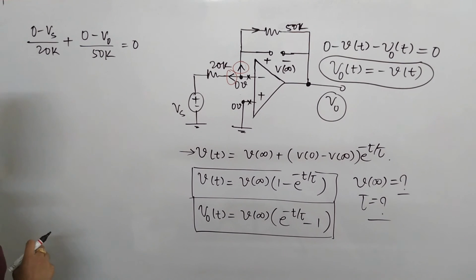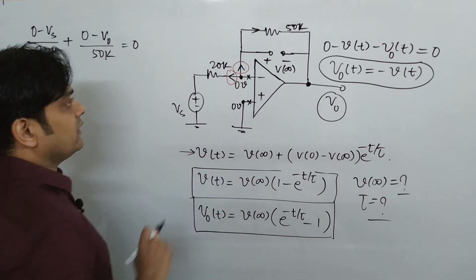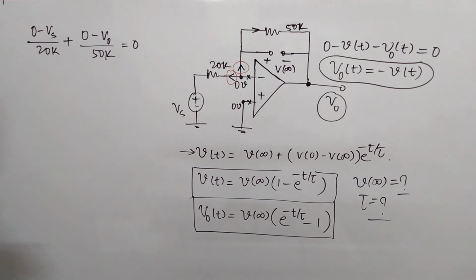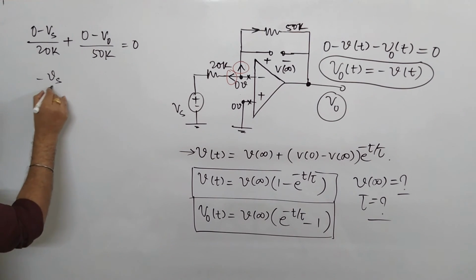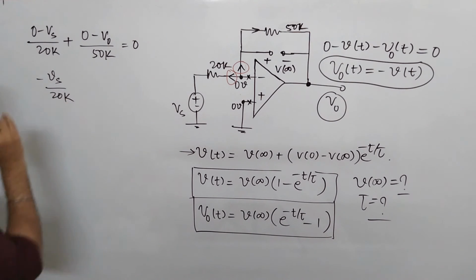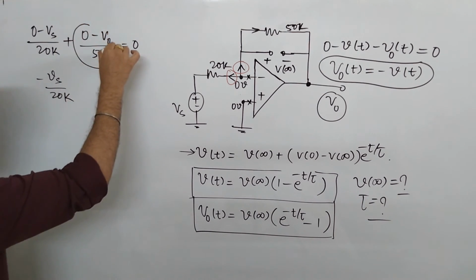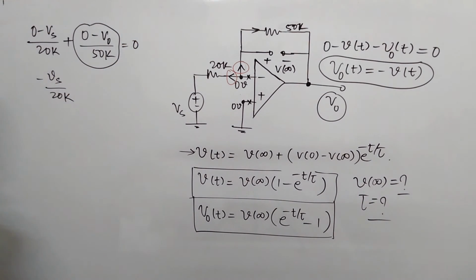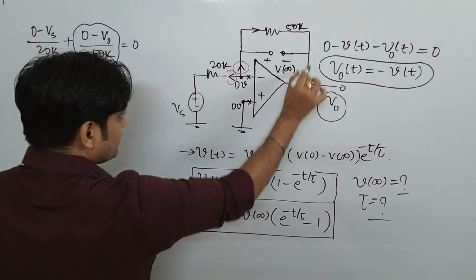Now from here, (0 minus V naught) upon 50K is the current which is flowing here. Once again I am explaining, this is the current flowing here, because it is open circuit, the same current will flow here.